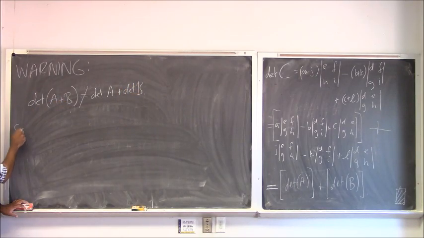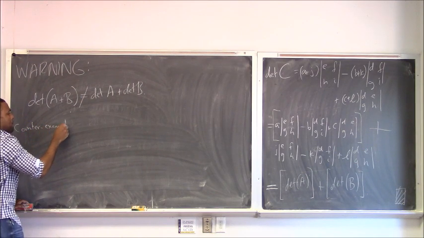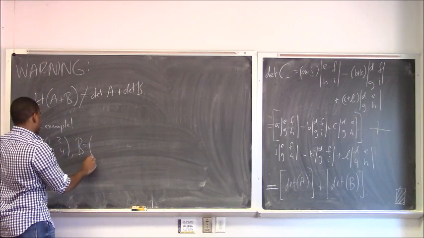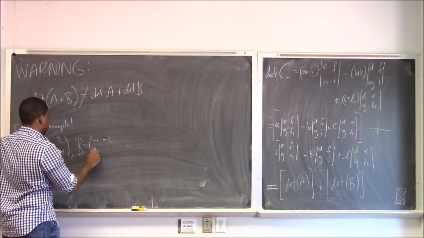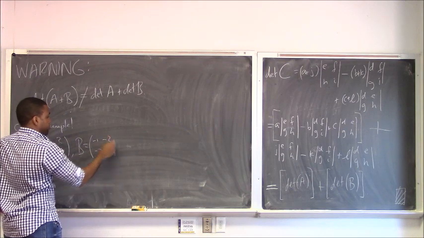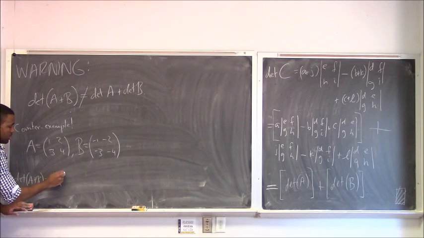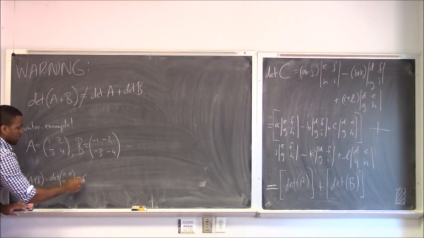You can use a counterexample. Say A equals [1 2; 3 4]. It's not hard to find a counterexample here, I don't think. But maybe B is the negative. So then the determinant of A plus B is just going to basically be the determinant of the 0 matrix, which we know is 0.